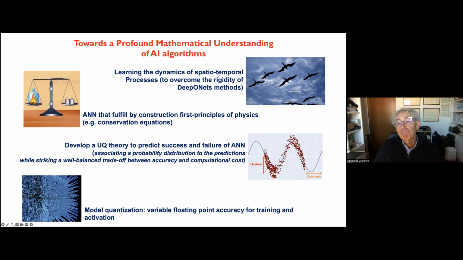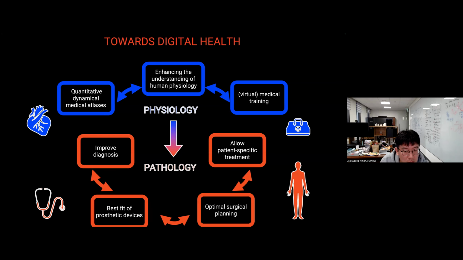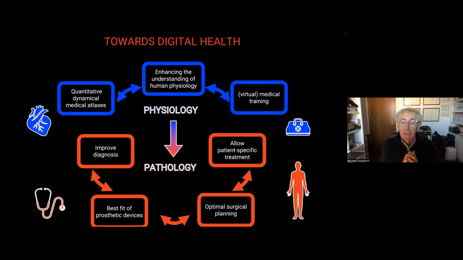Those are some of the questions that still need to be addressed, and which will, say, provide a better understanding of artificial neural networks. And let me conclude by saying which is the basic picture that I want to address in those cases.